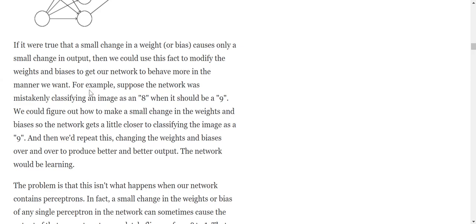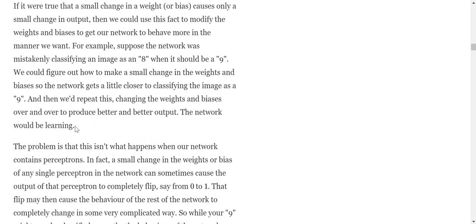For example, suppose the network was mistakenly classifying an image as an 8 when it should be a 9. We could figure out how to make a small change in the weights and bias so that the network gets a little closer to classifying the image as a 9. And then we repeat this, changing the weights and biases over and over to produce better and better output. The network would be learning.